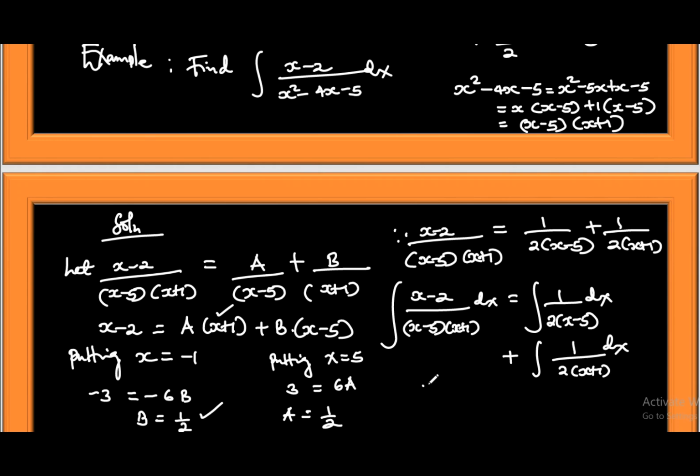So at the end of the day, the first integral will give us a half natural log of x minus 5 from the knowledge of integration in the previous tutorials, plus a half, again, natural log of x plus 1, and then plus our constant of integration. So basically, from this tutorial and the previous one, you should have at least got a hint on how to deal with type 1 of partial fractions.